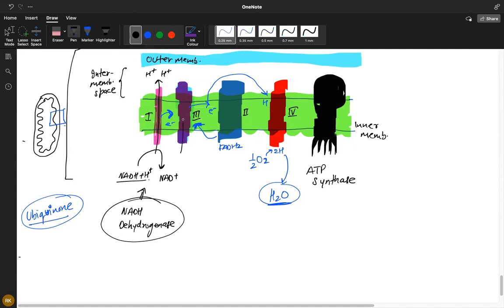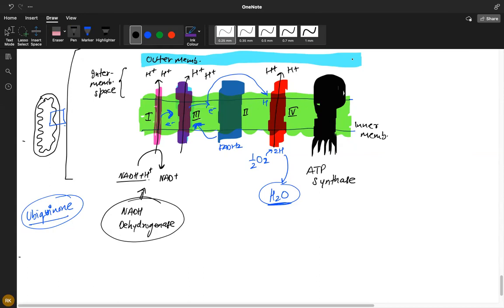So from all other complexes, proton is pumped into the intermembrane space, except for complex 2. Even from here, H plus keeps accumulating. So complex 1, complex 3, and complex 4 help in proton gradient accumulation in the intermembrane space.